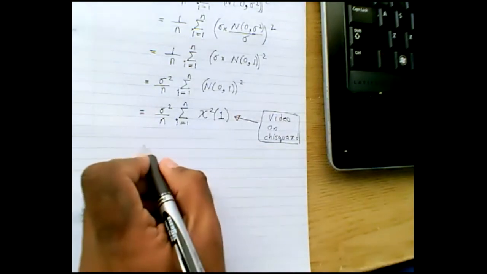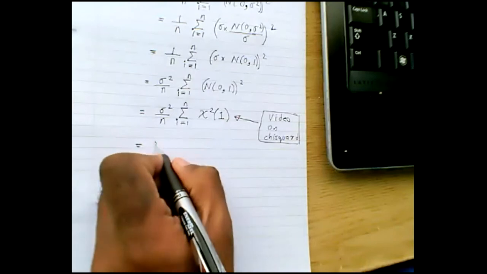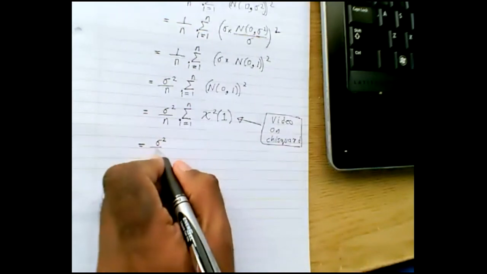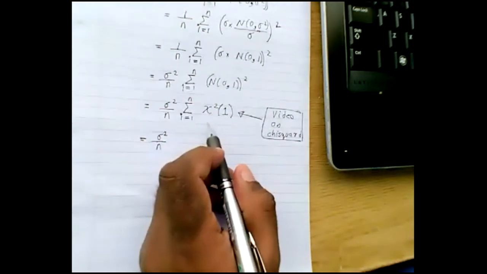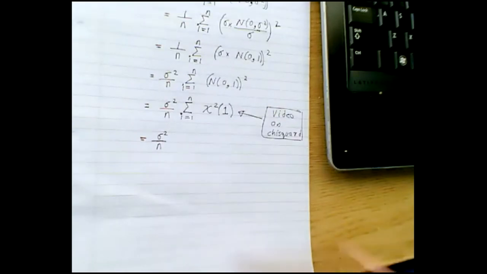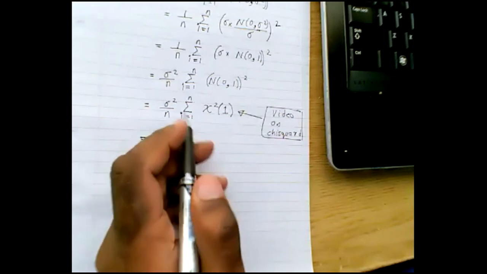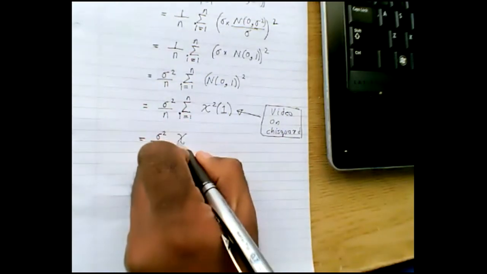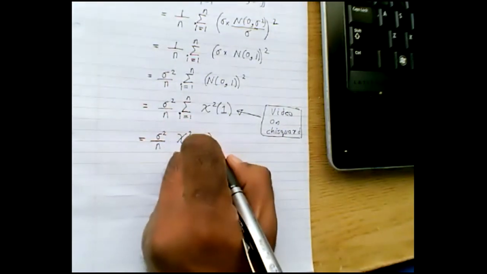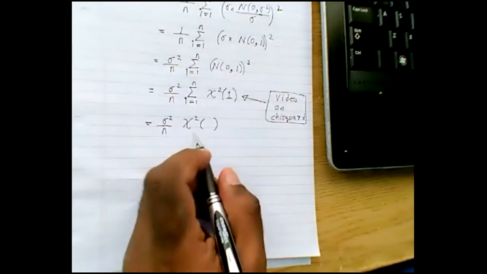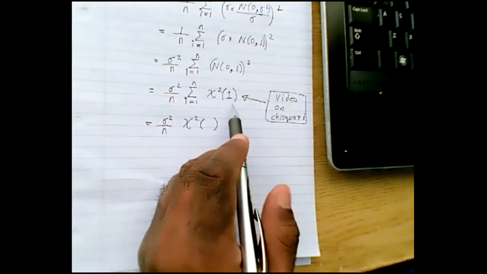Another property that I mentioned in that video is that if you sum n different chi-squared variables, what you get is also a chi-squared variable, but with the degrees of freedom being the sum of the degrees of freedom.